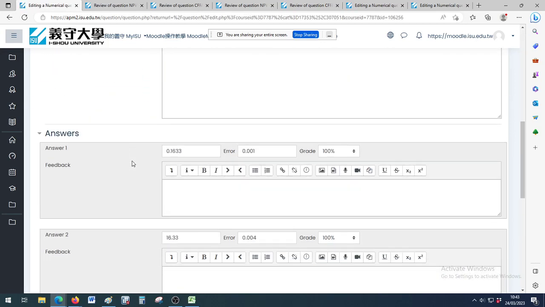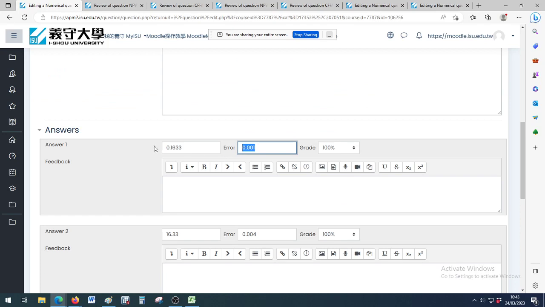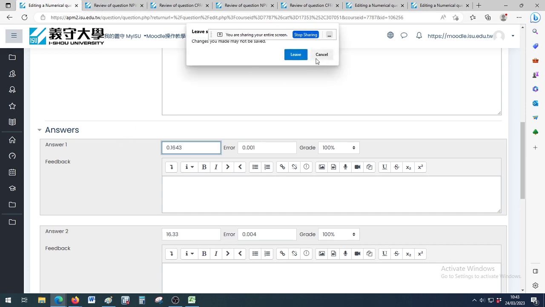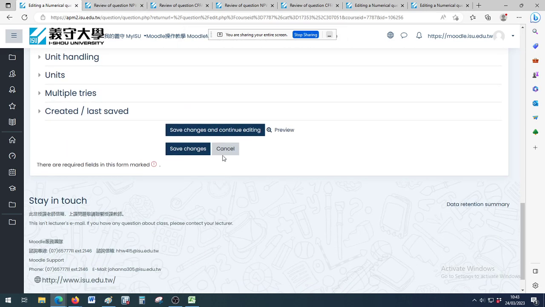Okay, I also have a margin of error of plus or minus 0.01. So any numbers between this and this would still be counted correctly because I have a margin of error, right? Okay, let's cancel it.